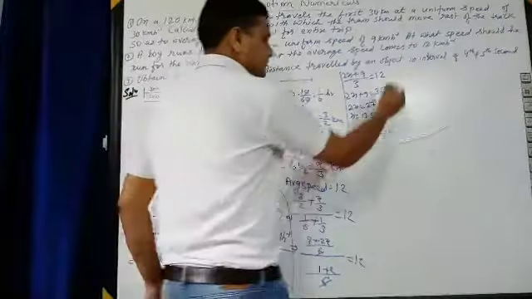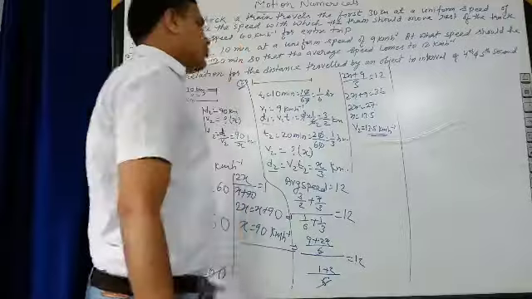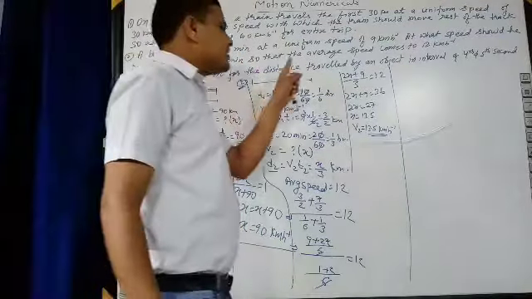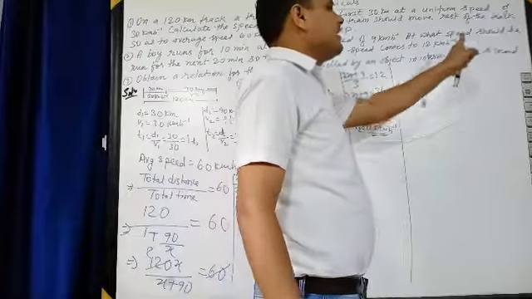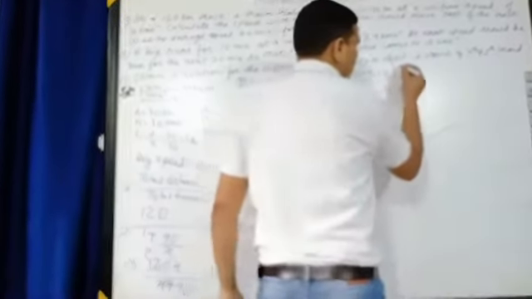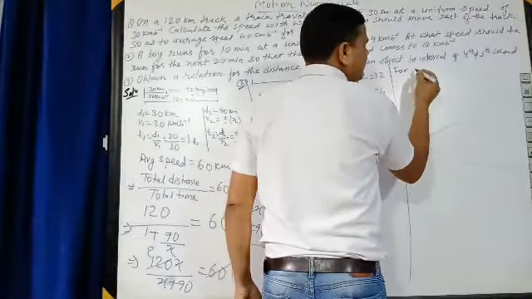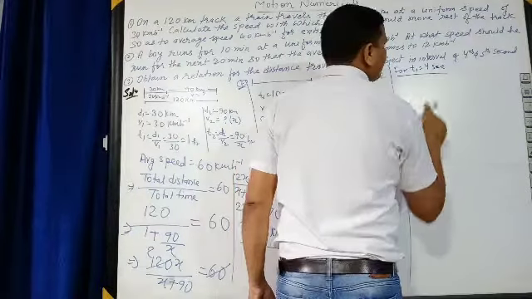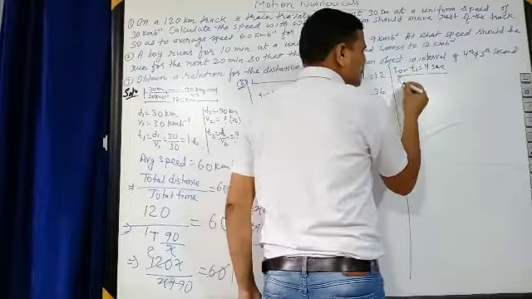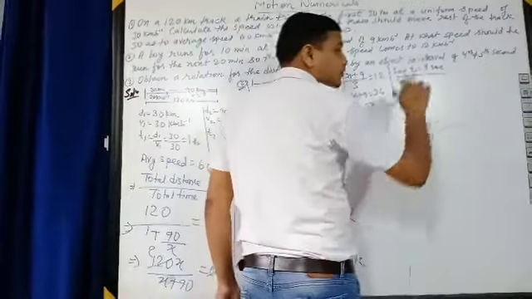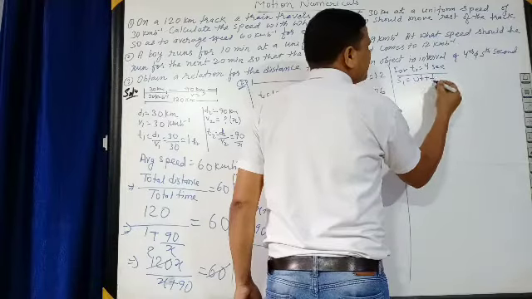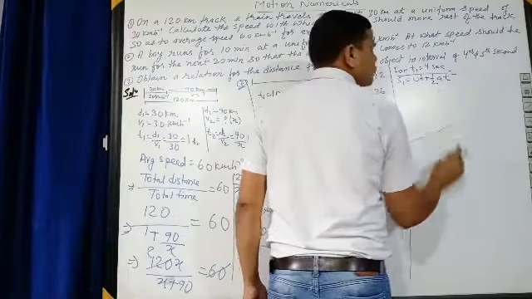Now, the third question. Let us solve the third question. What is the third question? Obtain a relation for the distance traveled by an object in the 4th and 5th second. Suppose we are taking the 4th second, T1. For the 4th second, what will be S1? The S1 formula, we know, is ut plus half at square.